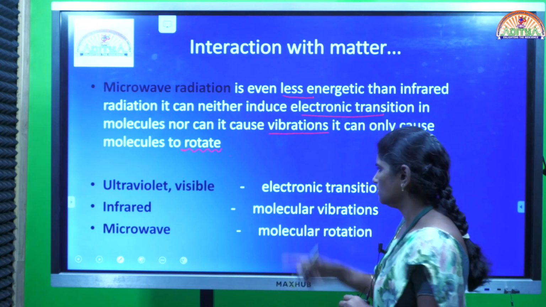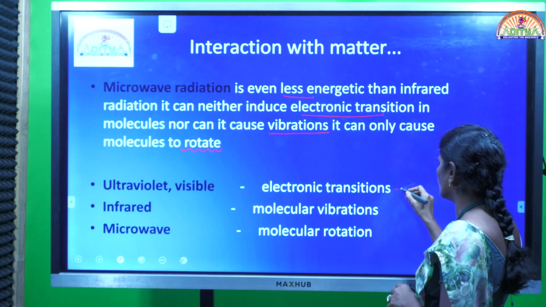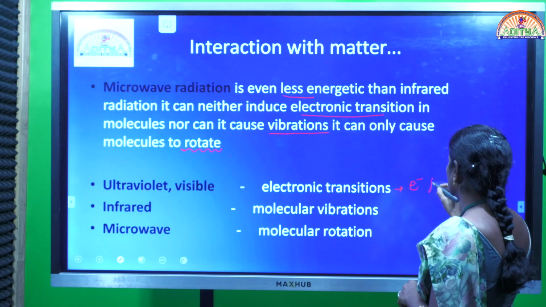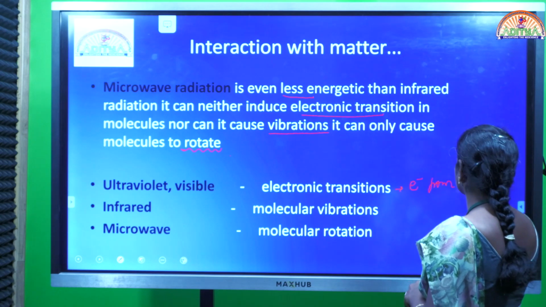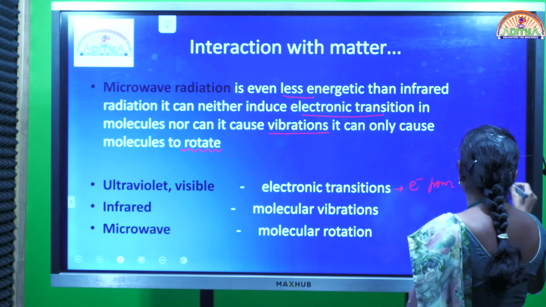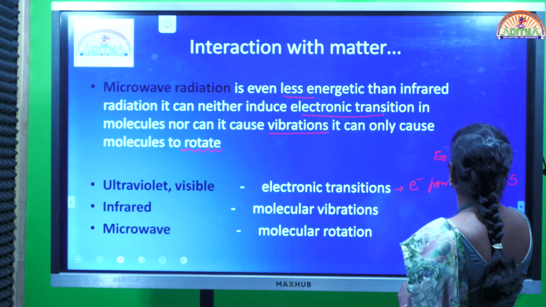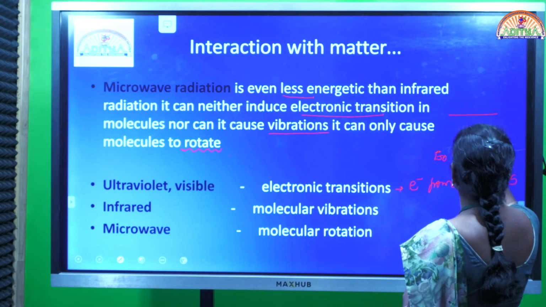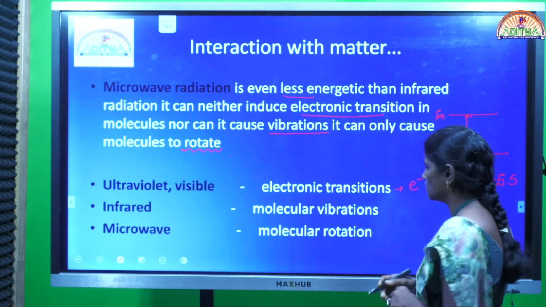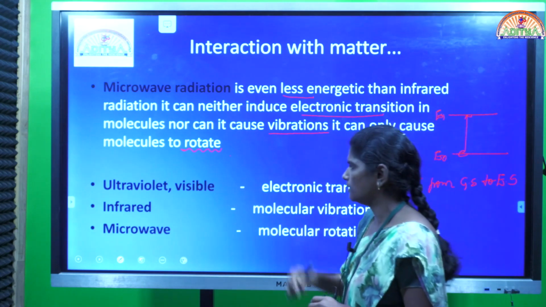So you can see here, UV and visible radiation cause electronic transitions. In this case, the electron from the ground state will be excited to an excited state. The electron which is normally present in the lower electronic energy level will be excited to the higher electronic energy level, in the case of absorption of UV or visible radiation.